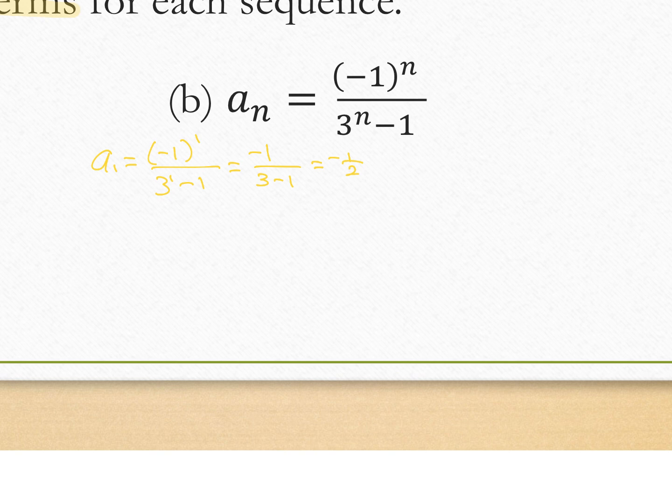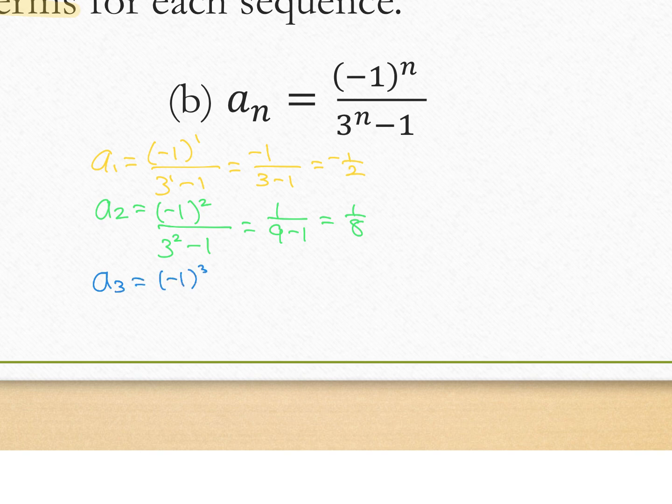Let's look at the second term. This time we'll replace all the n's with a 2. We know negative 1 to the second power is 1, and 3 squared is 9 minus 1 will give us 1 over 8.